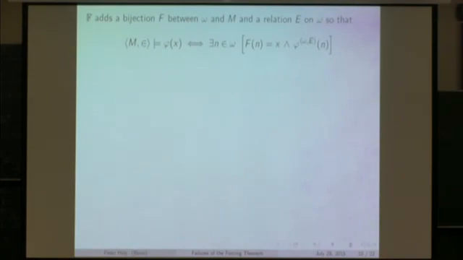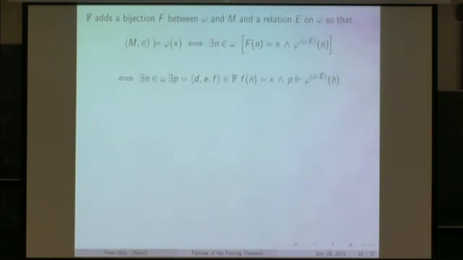So the ground model satisfies a formula phi if and only if there is a natural number n such that n gets mapped to x by your bijection, and phi relativized to this structure omega with this E relation of n holds. So you're very close to getting a truth definition for the ground model. And that's the idea.